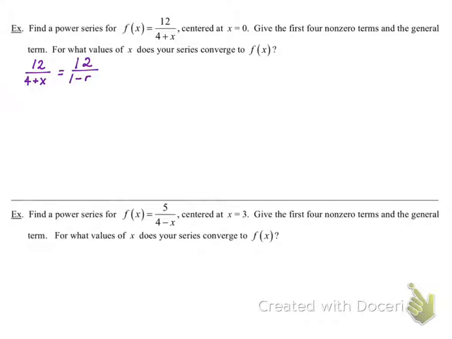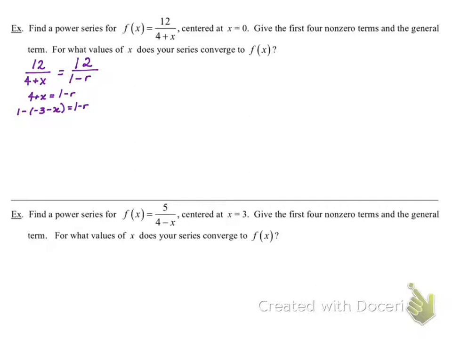We could make r negative x, and from there things kind of fall together, and you're going to see the first glimmer of what manipulating series looks like. And with only a tiny bit of trickery, you can see what r is.